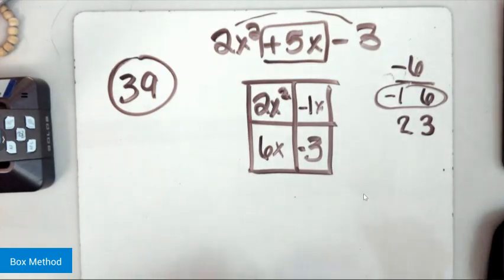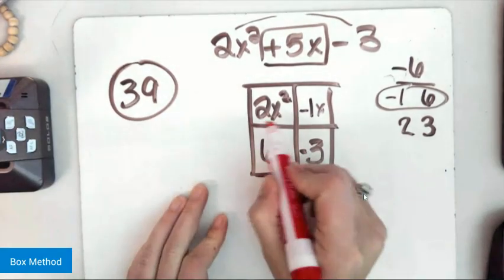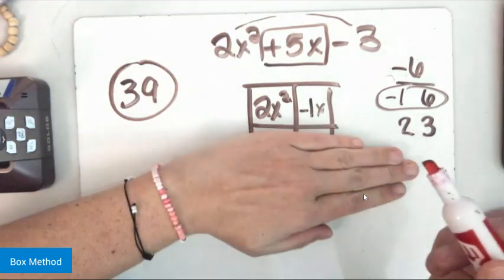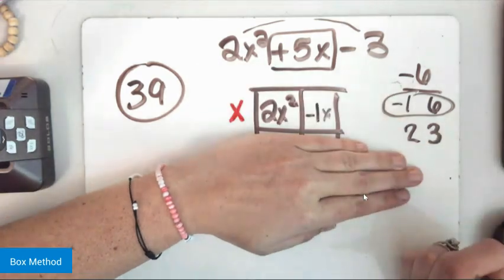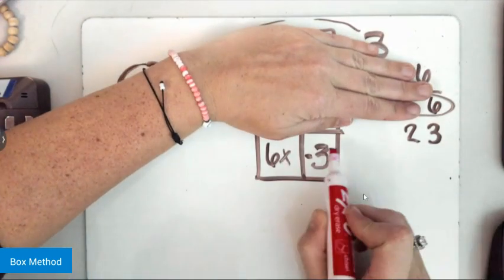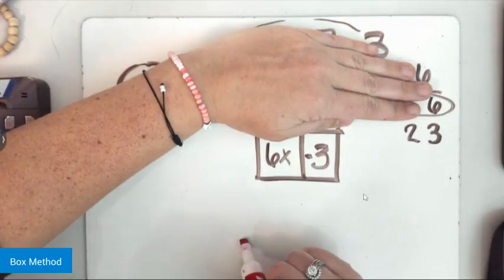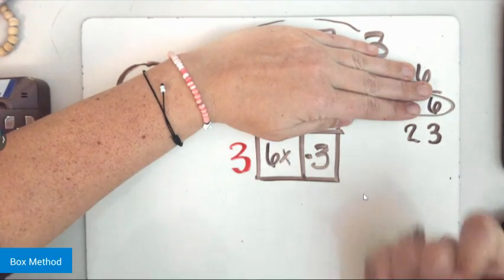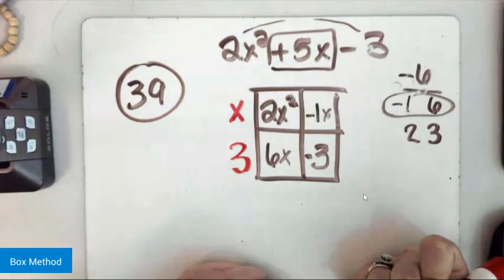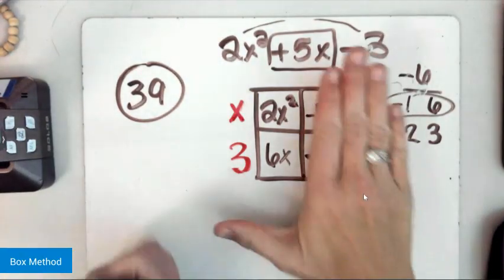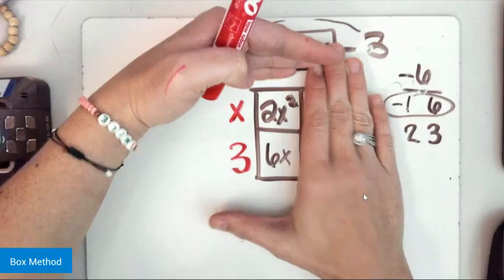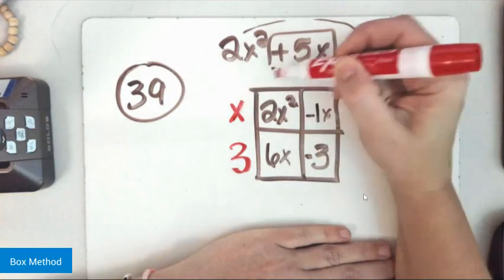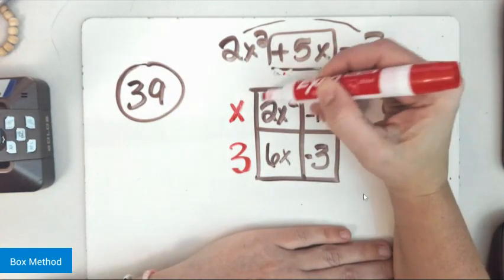Then comes the box. So you look at these two, and you say, what do these two have in common? You look at these two, what do these two have in common? A factor of 3. Now the rest, there's two ways. You can either find the common factor of these two, or you can say this times this is supposed to give me this box.